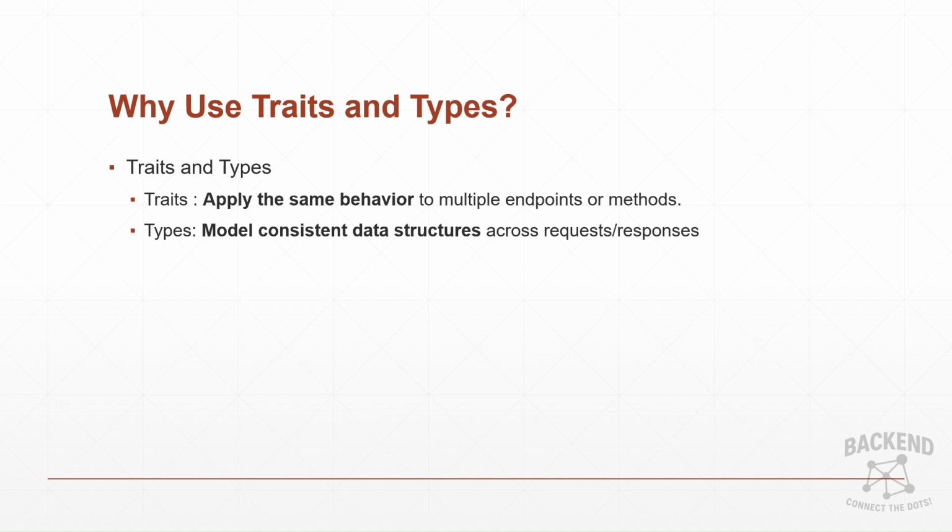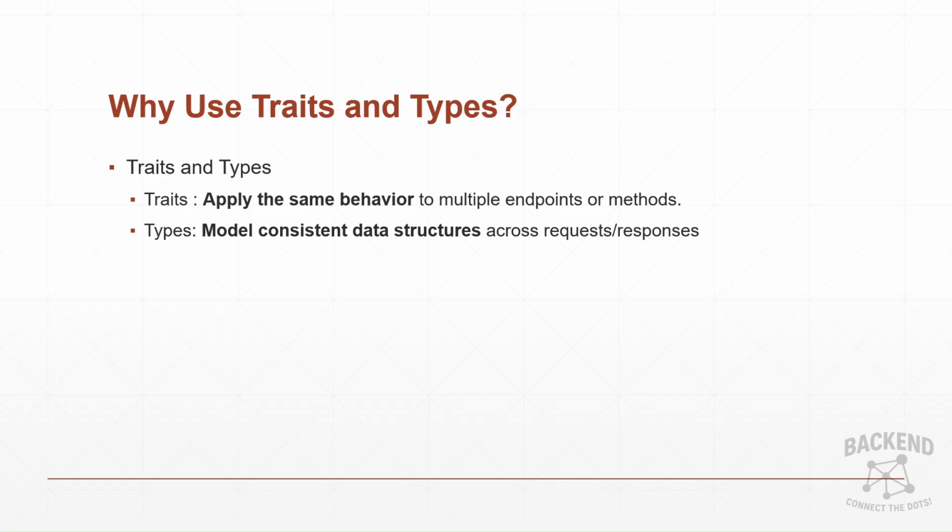They have the same format, the same data structure, such as username, password, first name, last name, email ID, and date of birth. This is the data structure, and it is going to be common for two or three endpoints.